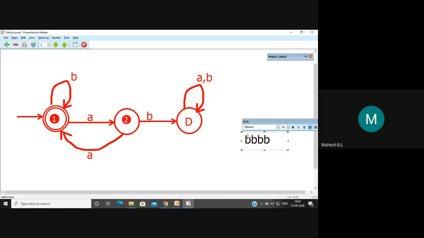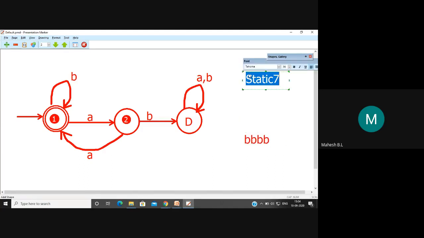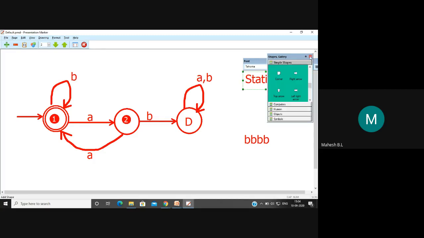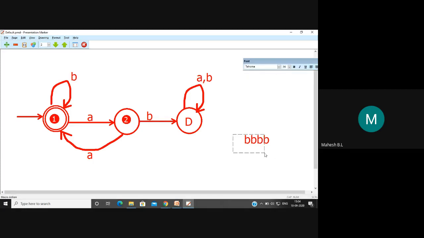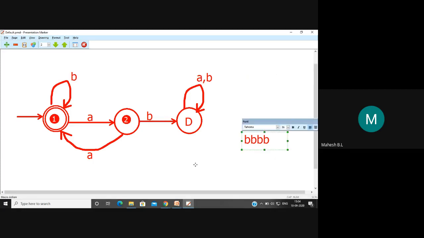So now, any number of B's, 0 or more B's, does this belong to the language? BBBB.